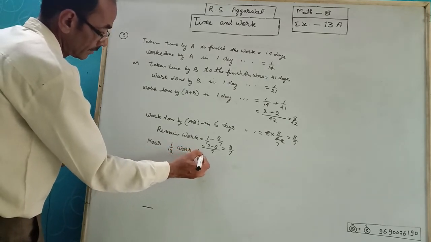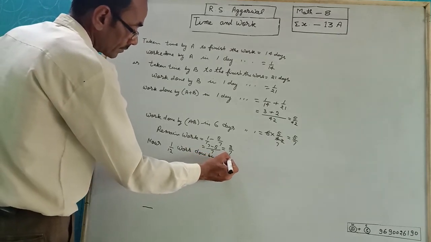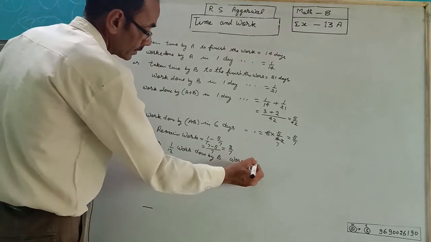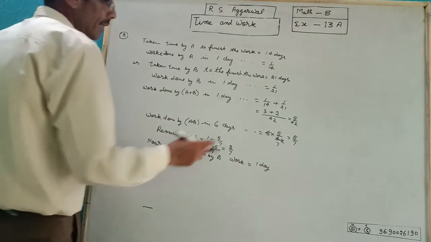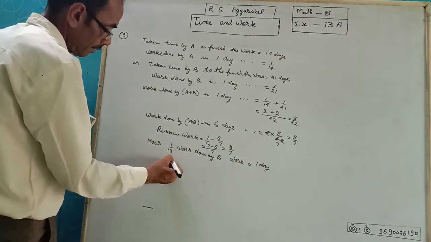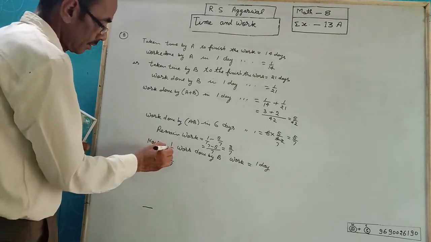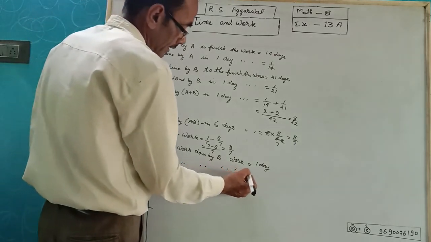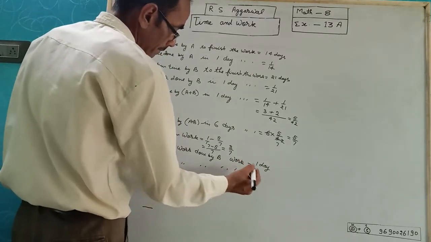Remaining work is 2/7. B can do the remaining work at 1/21 per day.